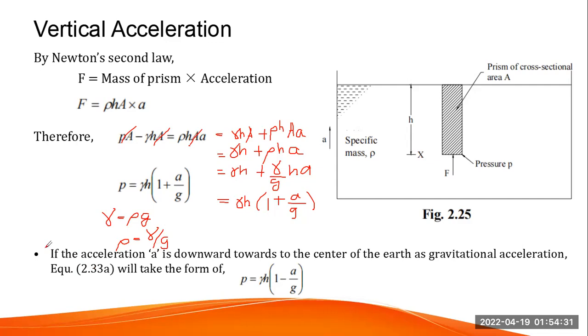So, if the acceleration A is upward, di ba kanina upward yung ating i-consider. Okay. Then, if yung ating acceleration is downward towards the center of the Earth as gravitational acceleration, this equation will take the form of pressure is equals to unit weight times height, open parenthesis, 1 minus acceleration over gravity.